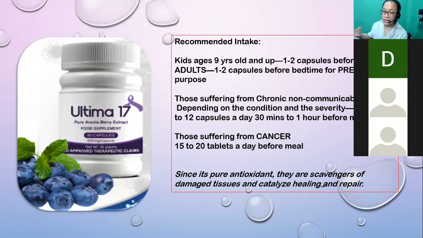They need more antioxidants to help lower this bombardment. Kaya nga, look at our recommendation, may allowance na ganun, 6 to 12 capsules. Those suffering from cancer, imagine niyo yan, it's a perfect storm of inflammation ang cancer, perfect storm of damaged tissue. So they need higher amounts of antioxidants. That's why our recommendation is 15 to 20 tablets a day.